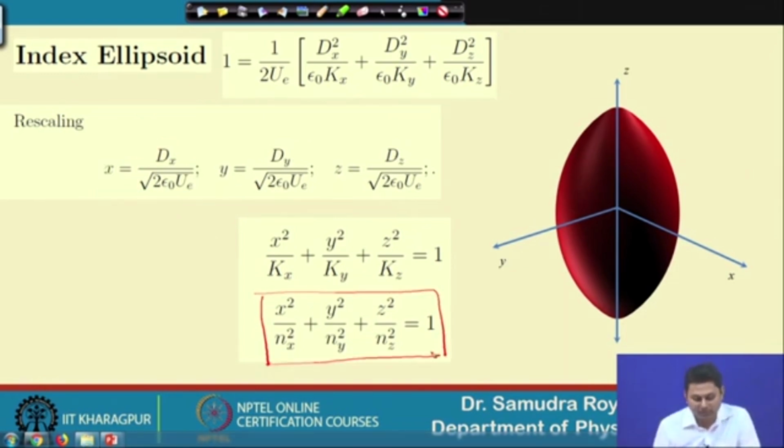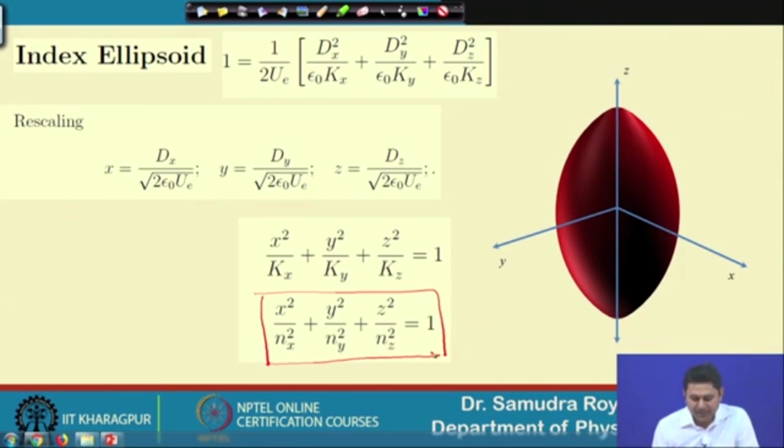So this is an equation of an ellipsoid. We know that in 3 dimensions this is the equation, and this equation suggests that we have a figure, and in this figure we try to understand it in 3 dimensional form.